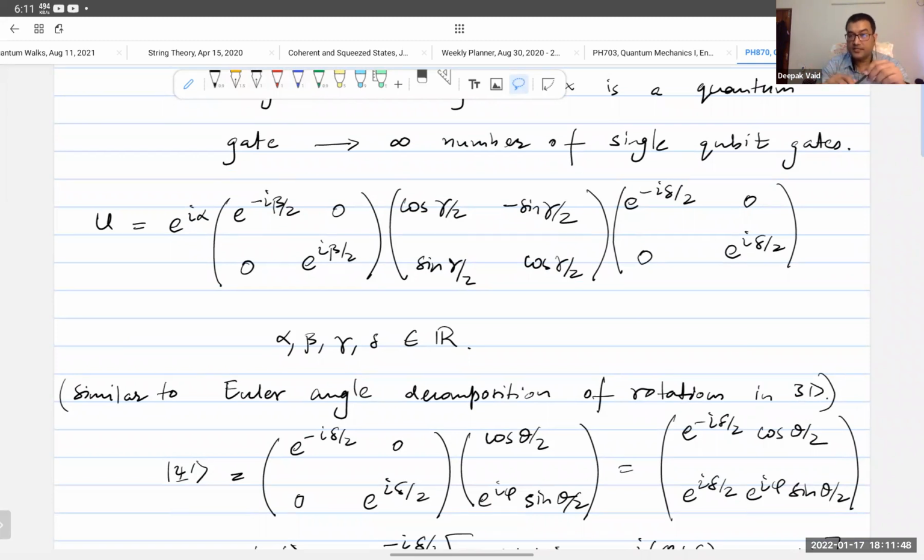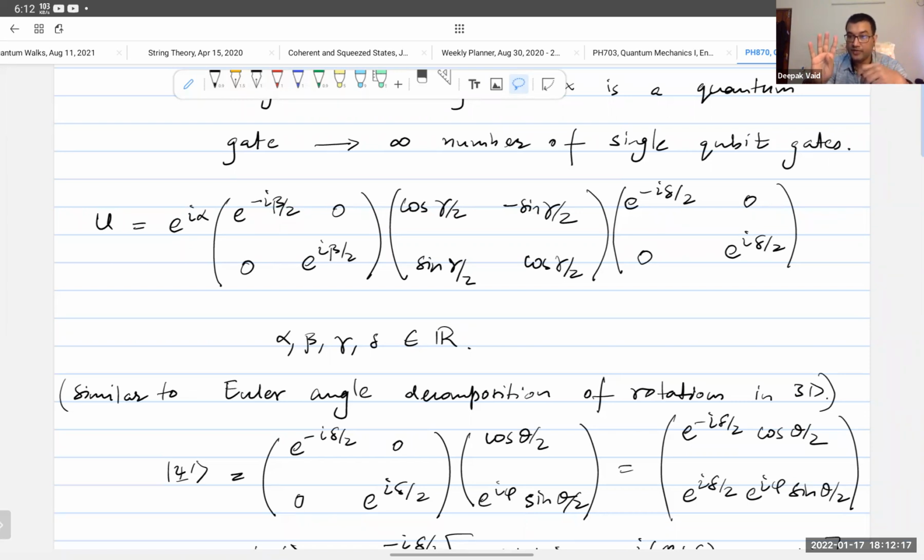All it is saying is that any unitary matrix, a single qubit gate, is a 2 by 2 unitary matrix. That has 4 complex numbers. How many degrees of freedom are there in 4 complex numbers?